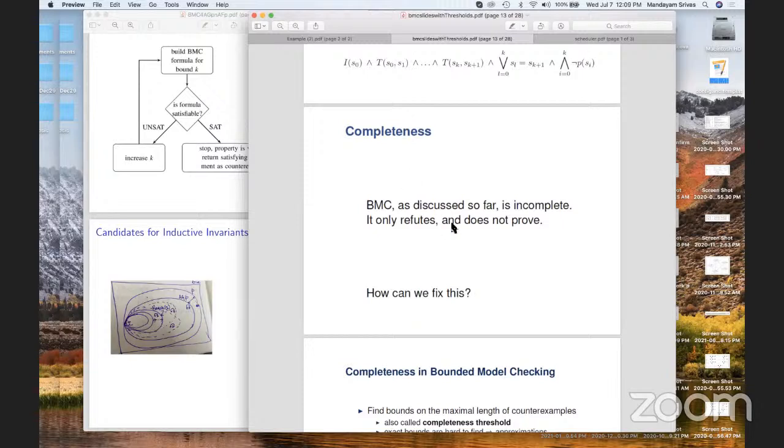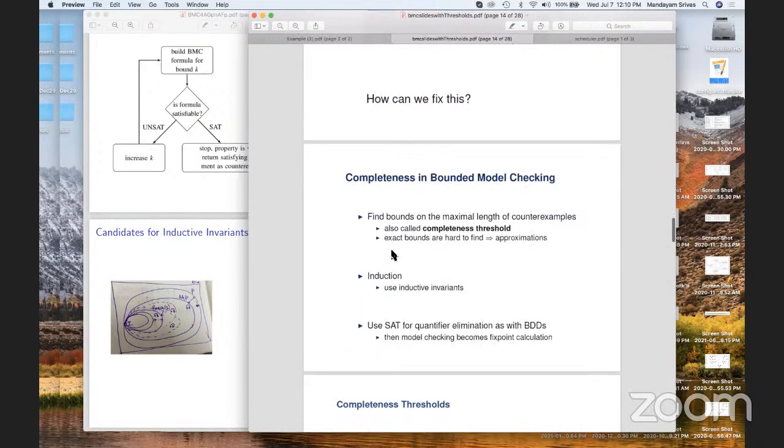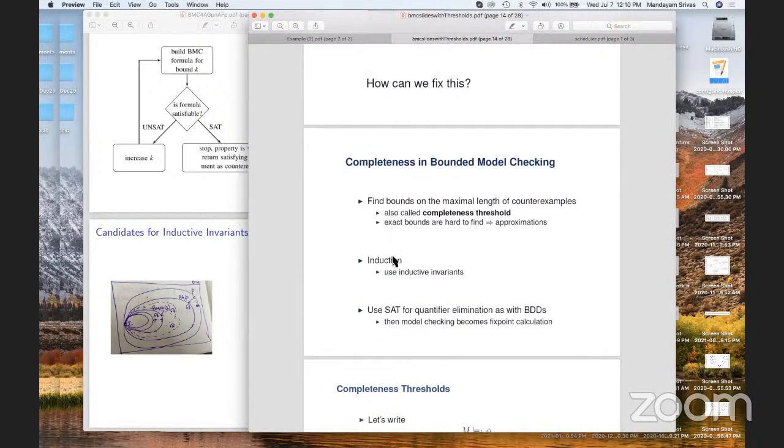So how can you make this complete? This basic idea of enumerating longer and longer searches for counterexamples, can you come up with some kind of a complete method? There are three ways of doing it. We started talking about induction, so I'm taking a step back and saying that there are other ways as well.